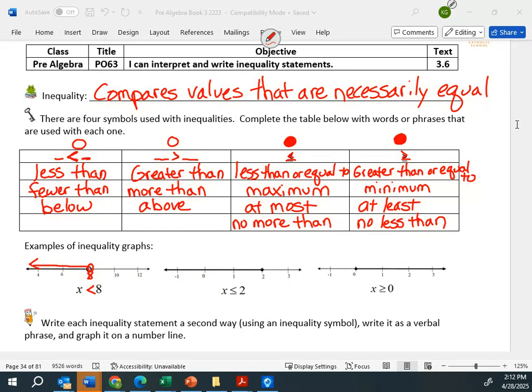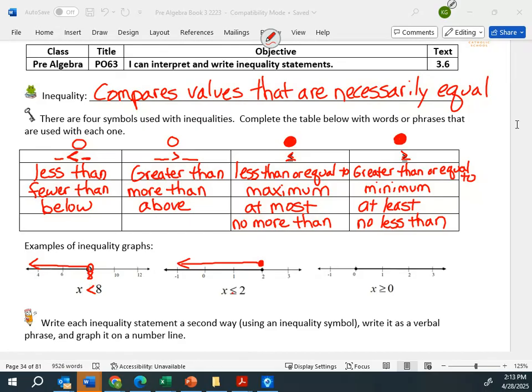When we look at the next one, we see less than or equal to. So we have that closed in circle over the 2. And it could be 2 or it could be numbers less than 2. So our arrow points to the left.